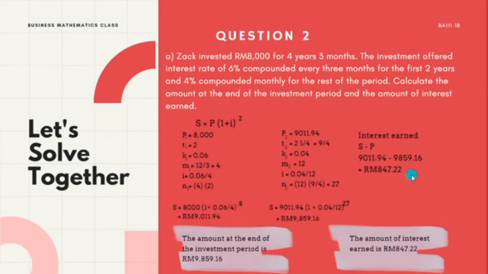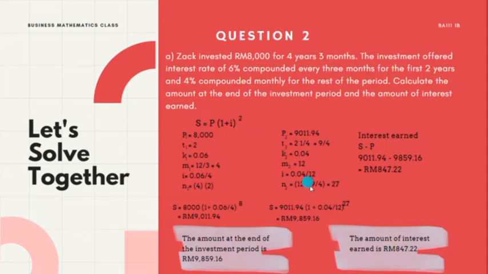Question number 2A asks about the amount at the end of the investment period and the amount of interest earned. For the amount at the end of the investment period, we use the compound interest formula, which is S equals P(1 plus i) to the power of n.